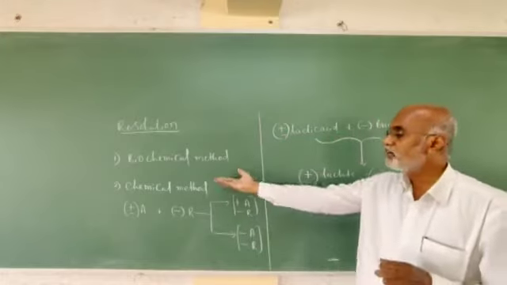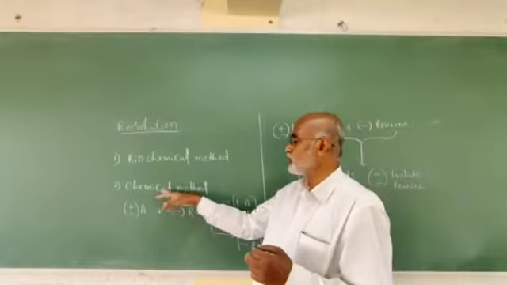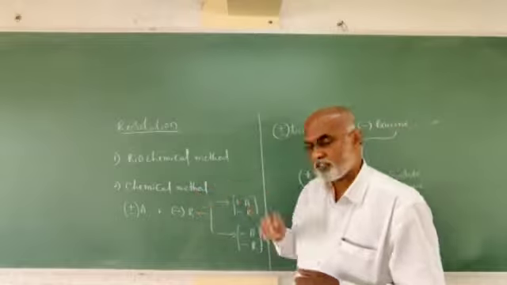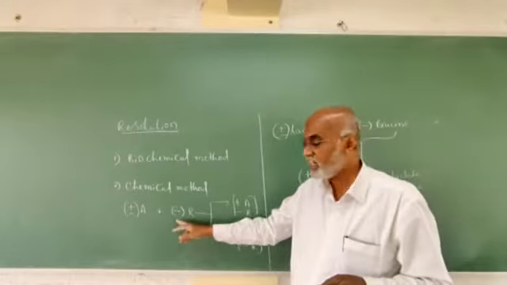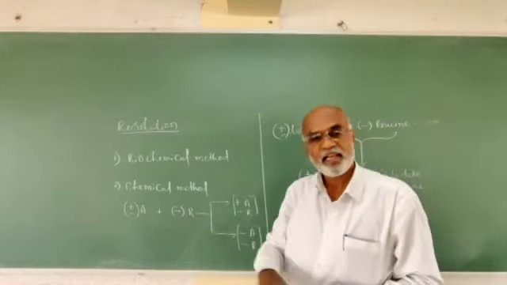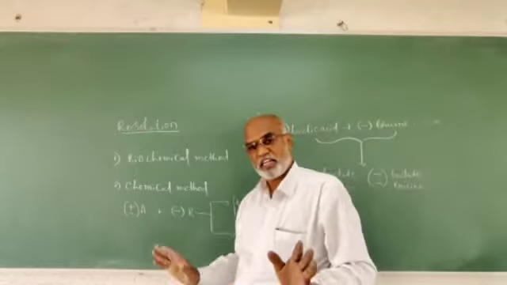For that difficulty, we are going to use another method, the chemical method of separation. In this chemical method, a racemic mixture is made to react with another optically active reagent. For example, let us consider A is an optically active compound, and we have both plus A and minus A in the racemic mixture.